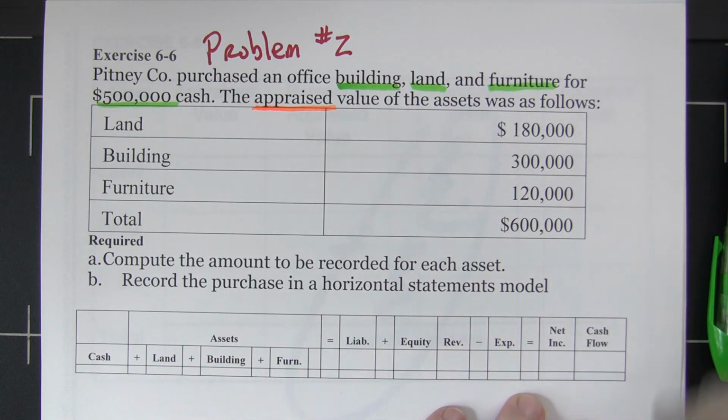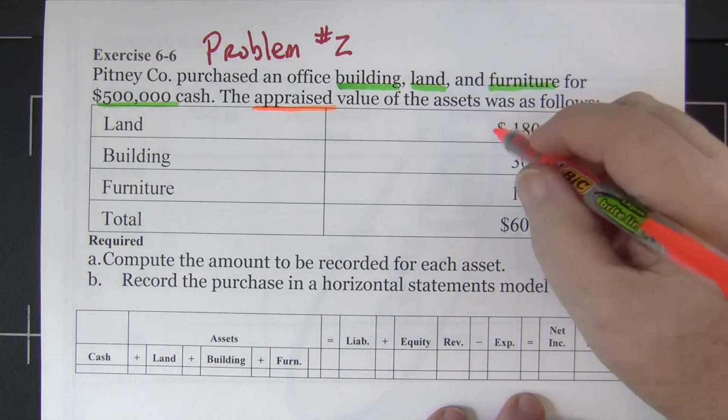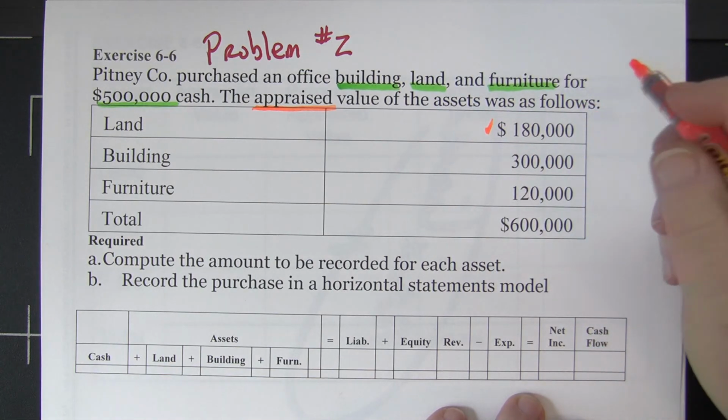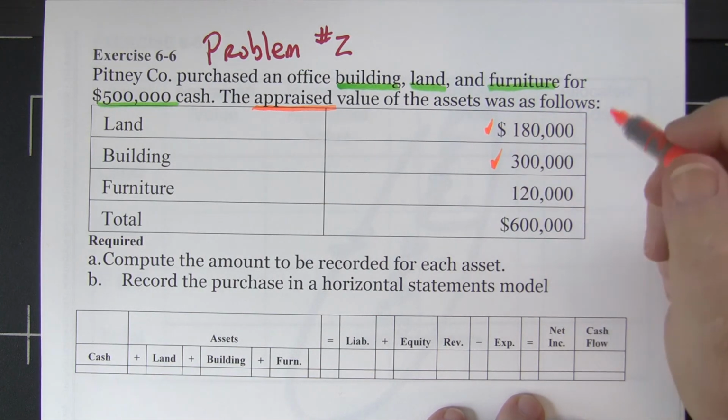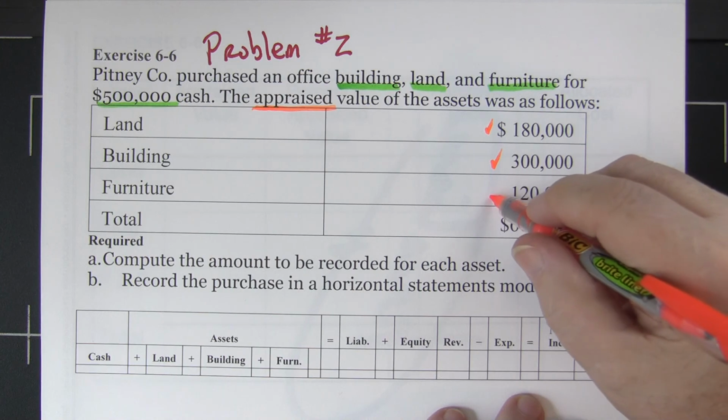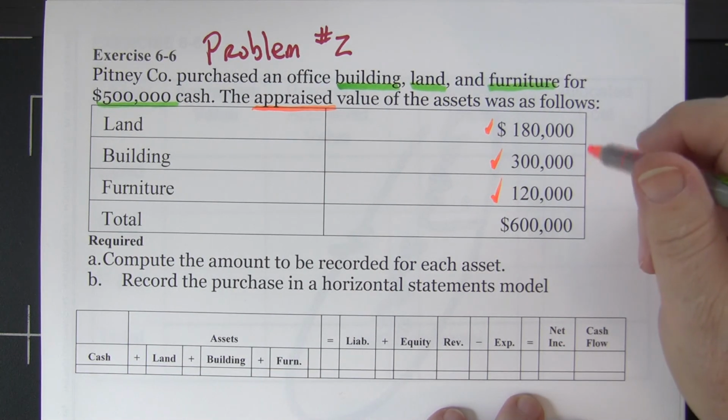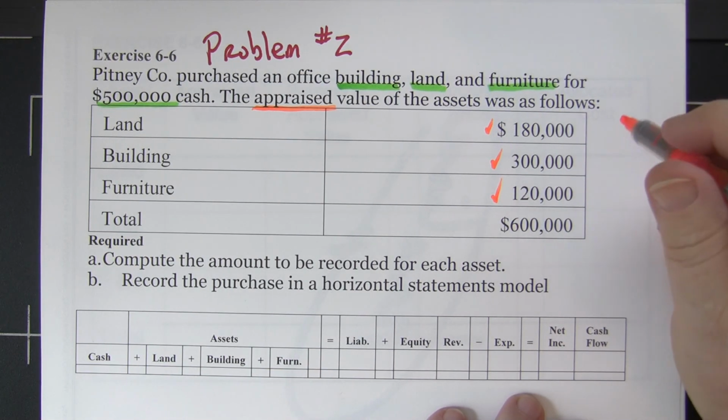The land was appraised at $180,000. The building was appraised at $300,000. The furniture was appraised at $120,000. Must be some damn nice desks.